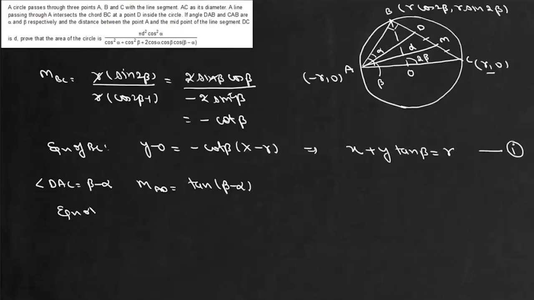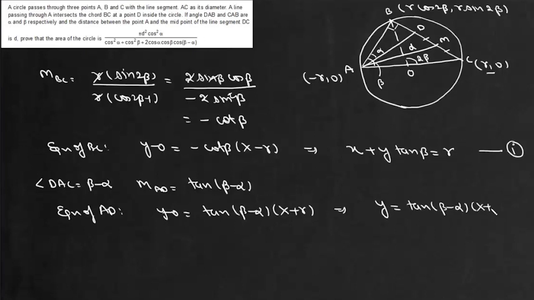So equation of AD, it will be y minus 0 equals tan beta minus alpha into x plus R. This is y equals tan beta minus alpha into x plus R, and that's our second equation.